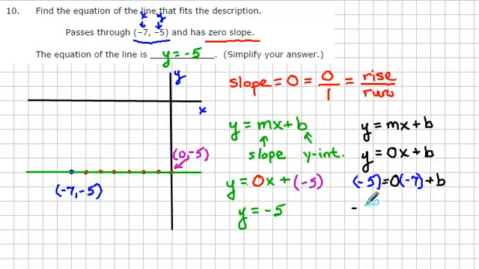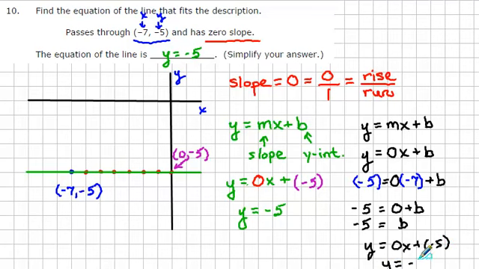We get negative 5 is equal to 0 times negative 7 is 0 plus b, and therefore b is equal to negative 5. So the equation is y is equal to 0x plus negative 5, and when we simplify that it simply becomes y is equal to negative 5, which agrees with what we found before, but it's just purely an algebraic method for finding the equation.